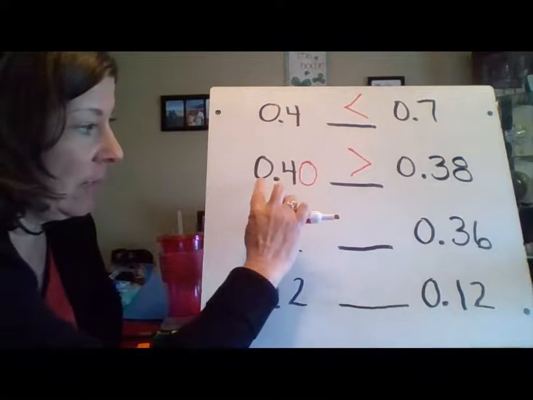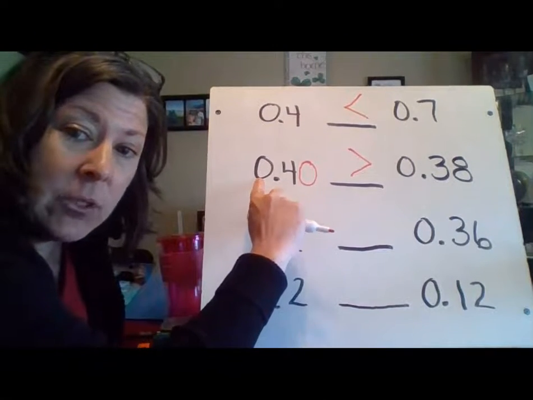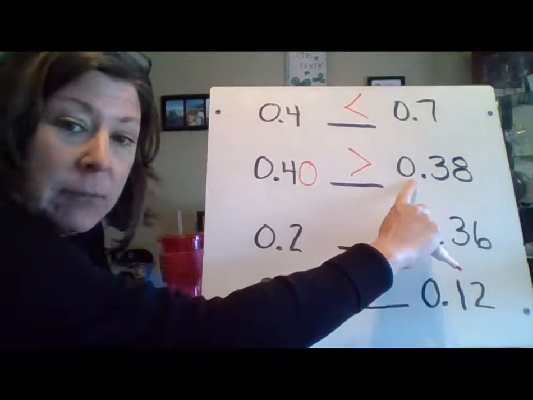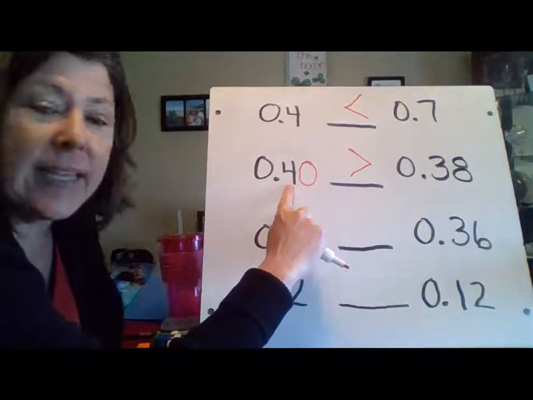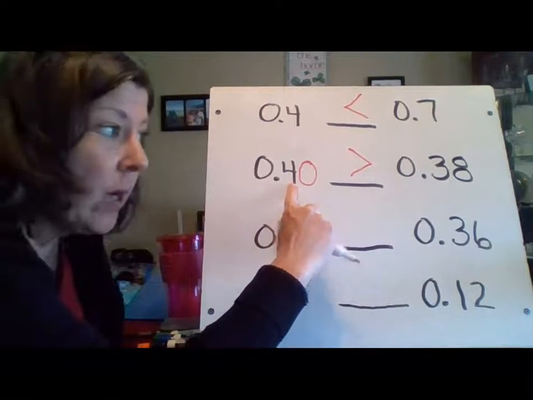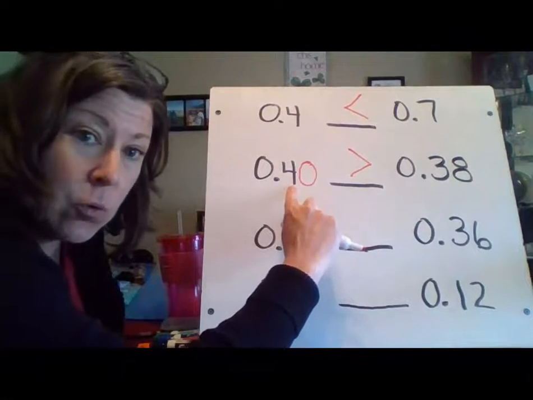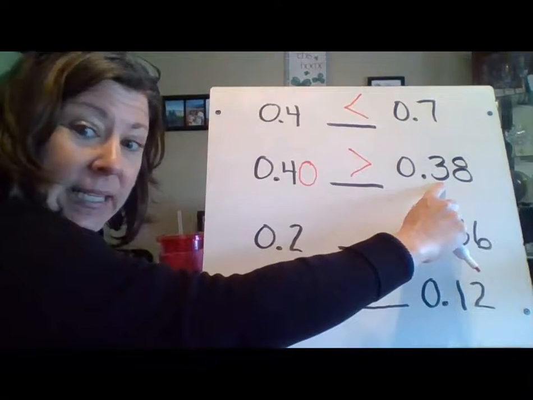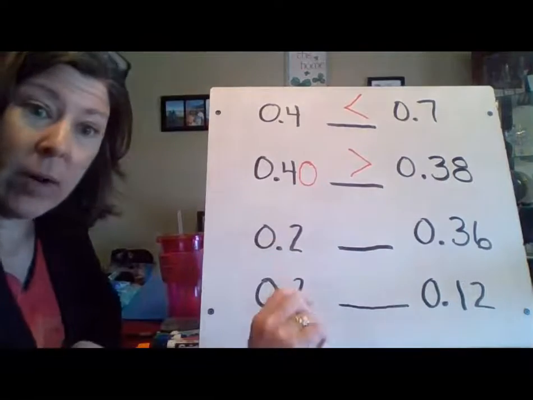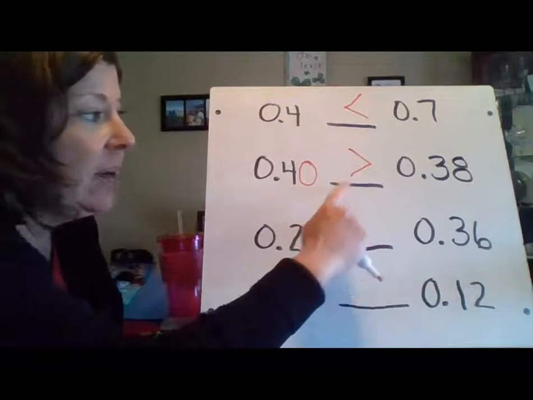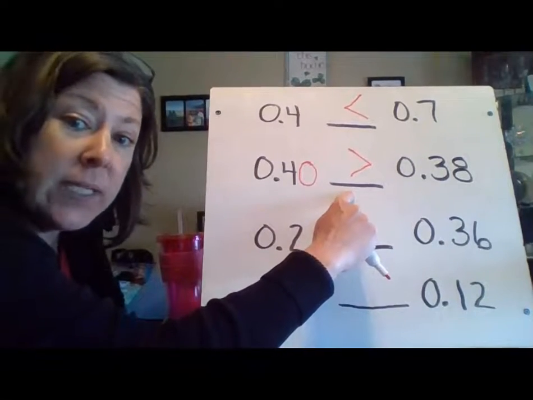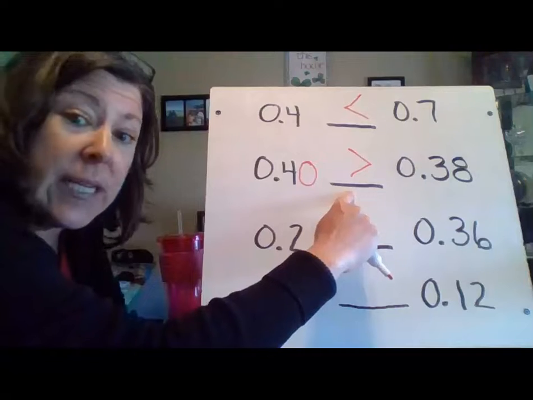Now, if I started at the whole numbers, I have a 0 and I have a 0. And then I look at the tenths. I have a 4 and I have a 3. 4 tenths is greater than 3 tenths. So right away, I could have even stopped there and known that 4 tenths is greater than 38 hundredths.